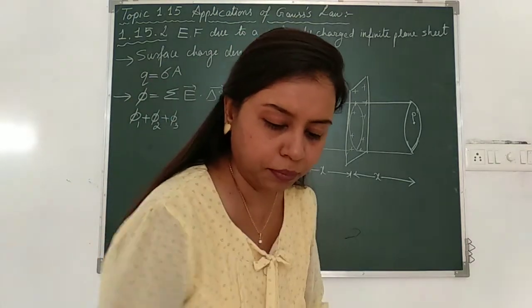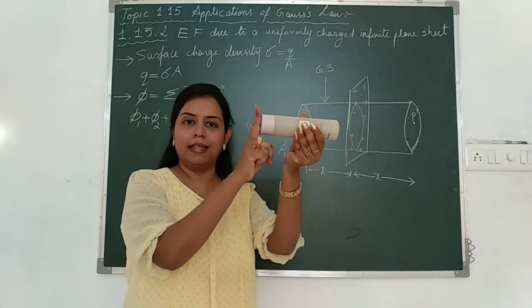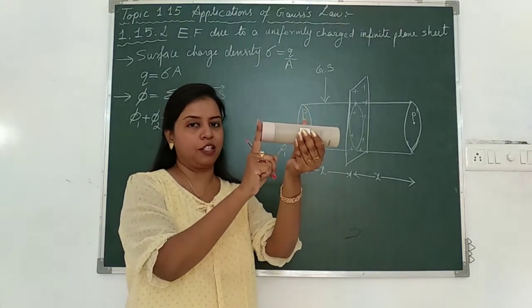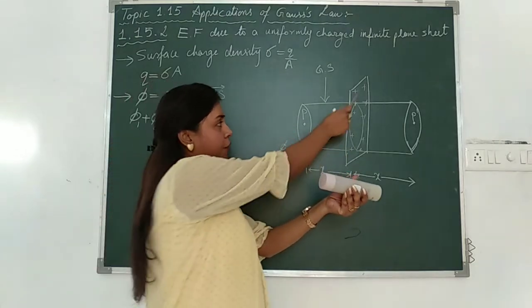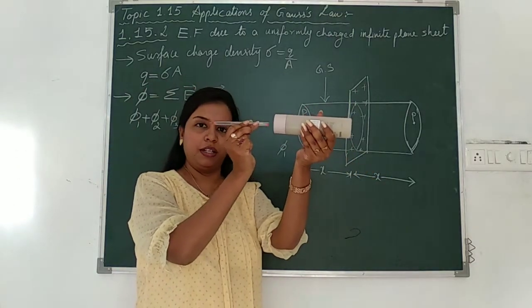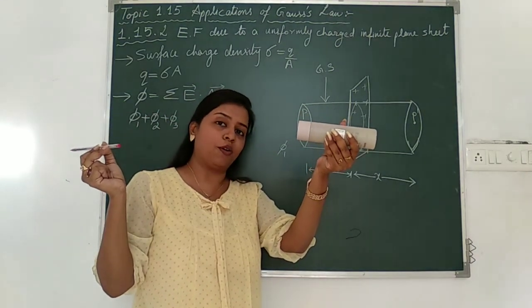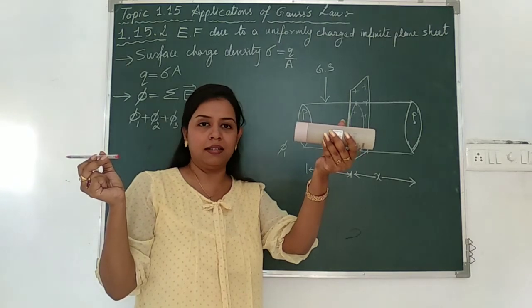Just see. This is the Gaussian surface. We are talking about this portion of the Gaussian surface. Now, as the electric field of the sheet was coming outwards, the electric field will be in this direction. What will be the direction of the area vector delta S?